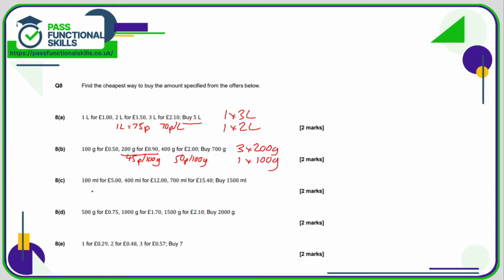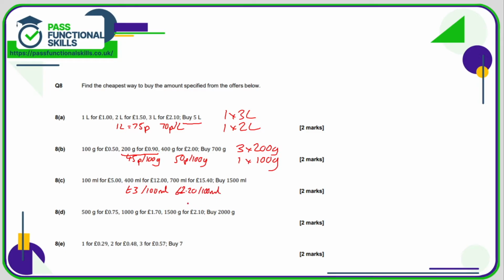For C, I'm going to work out the price per 100 millilitres. So this is £5 per 100. We need to do 12 divided by 4, so that is £3 per 100 millilitres. And for this one, we need to divide 1540 by 7, and 1540 divided by 7 works out as £2.20 per 100 millilitres.